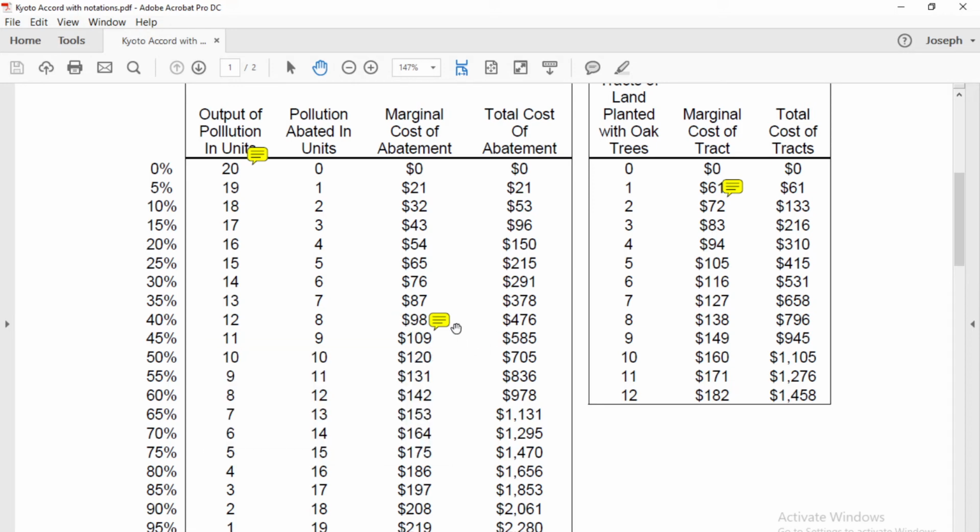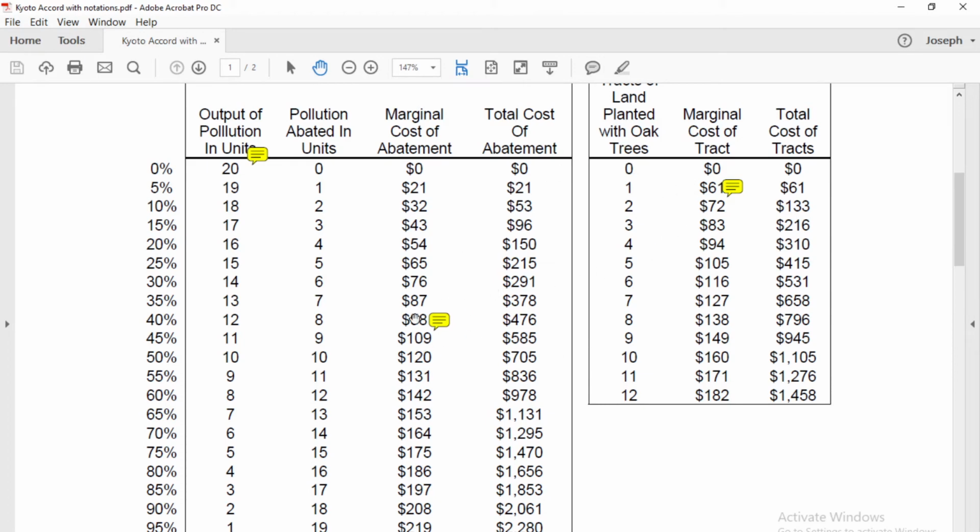It wouldn't be necessary. So then the question is, is it better for them to do, say, 7 abatements and 3 trees? Or is it better for them to do 4 trees and 6 abatements, or some combination that would add up to 10?